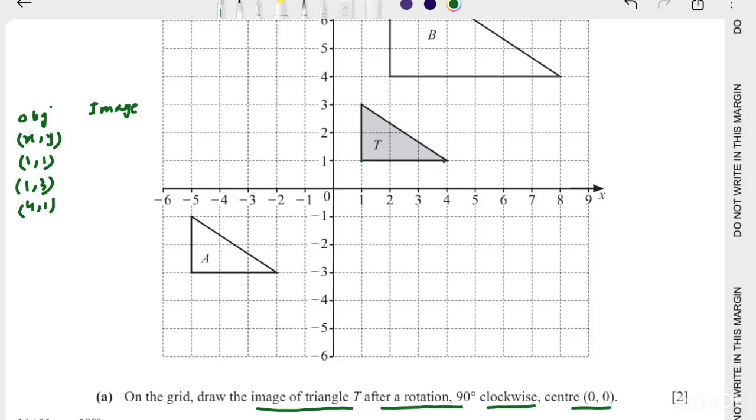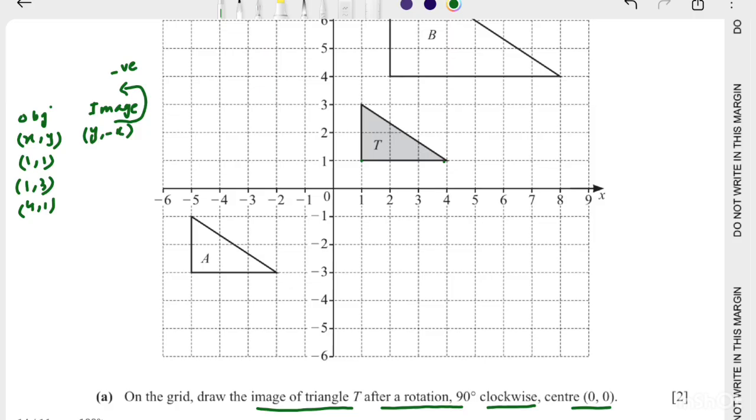Remember students, after rotating 90-degree clockwise, the new coordinates become y, minus x. So remember, whenever there is this type of situation, swap the coordinates first of all and make the new y value negative. This is a main concept.